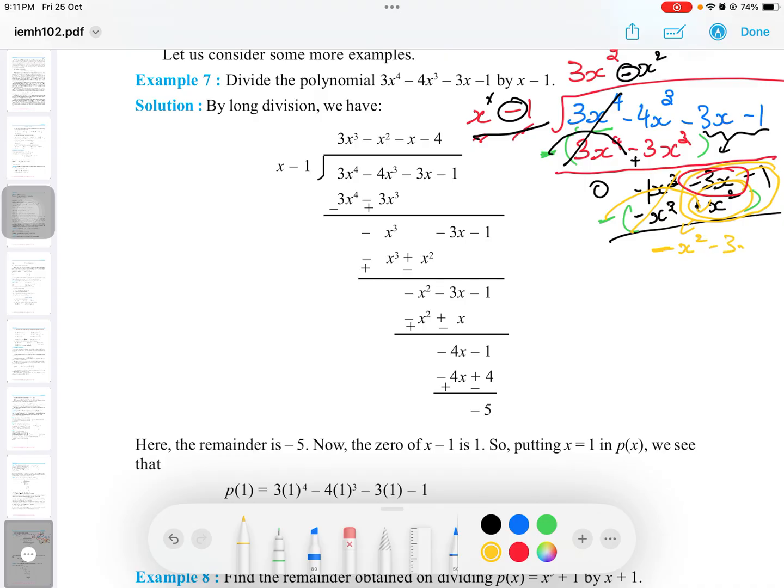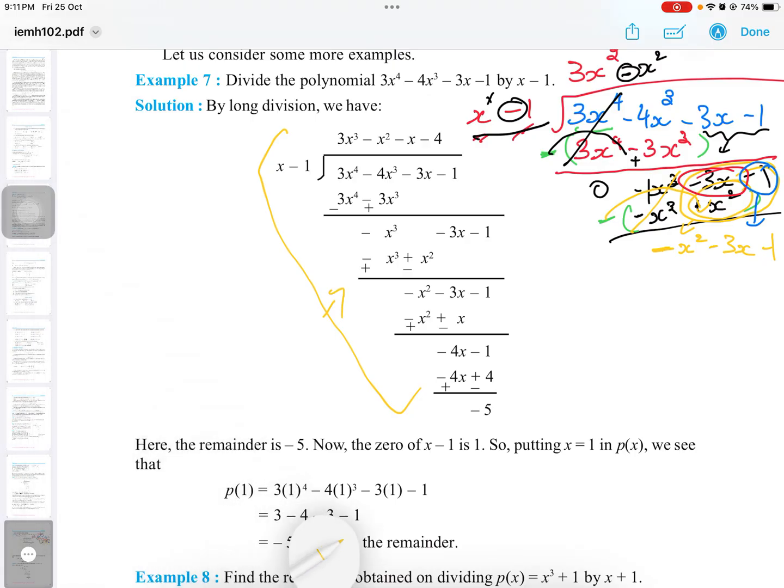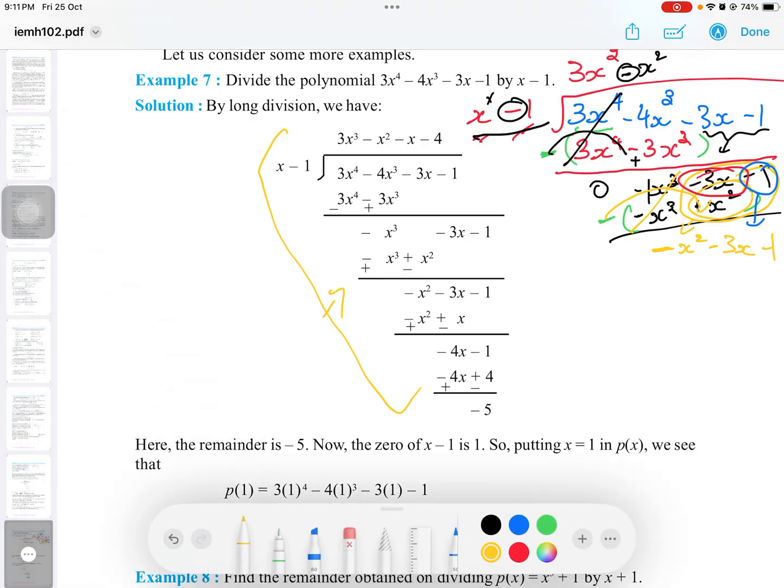So I'm going to write minus 3x, and I'm going to bring that minus 1 down. So minus 1. Now if this looks very shabby, you can refer to this. Now this is our new dividend.